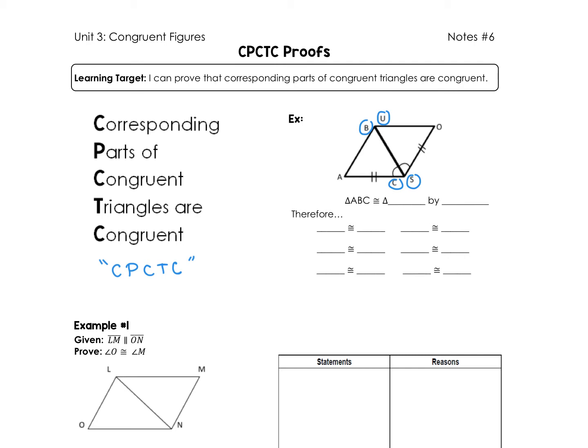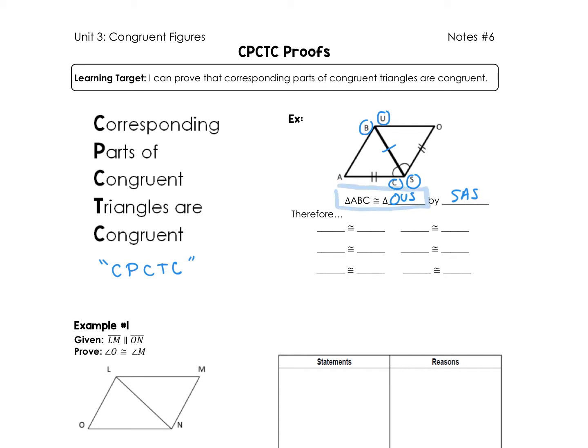What I noticed is that these triangles are back to back and they share this line segment. So that would be congruent to itself. That would allow us to say that triangle ABC on the left is congruent to triangle OUS on the right by side, angle, side.